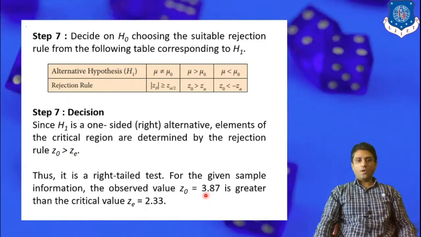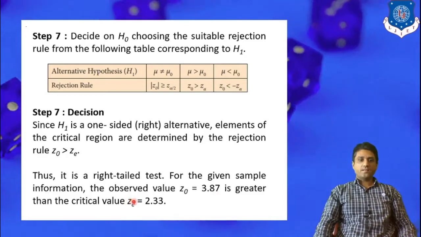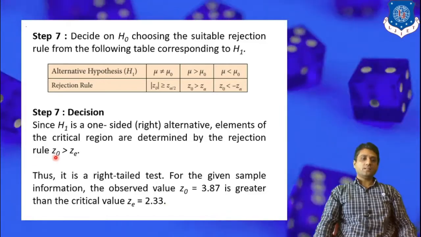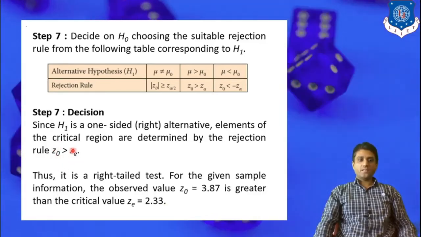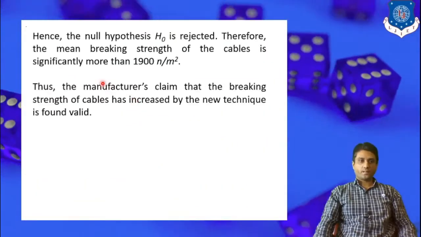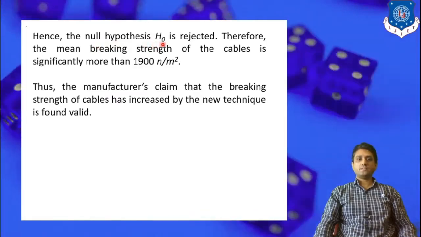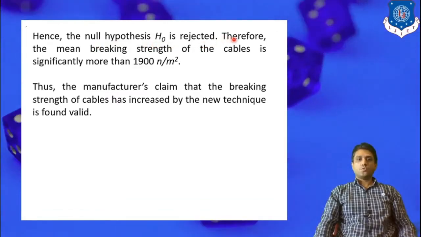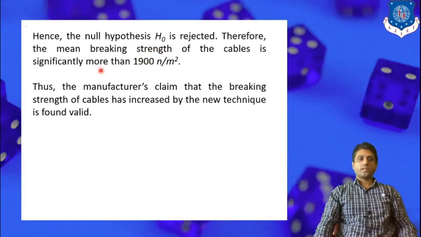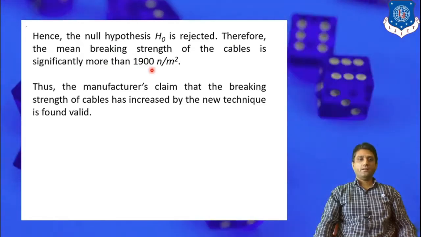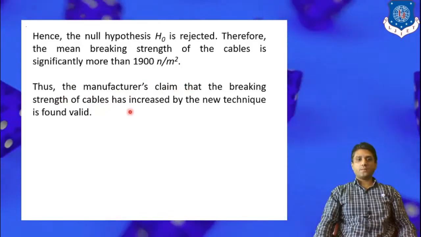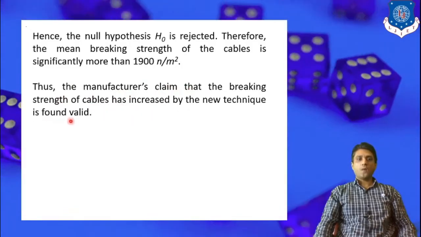Definitely 3.87 is greater than 2.33, so this condition is satisfied. Therefore we give our decision that the null hypothesis H0 is rejected. We conclude that the mean breaking strength of the cable is significantly more than 1900 N per m square. Thus the manufacturer's claim that the breaking strength of the cable has increased by the new technique is found valid.